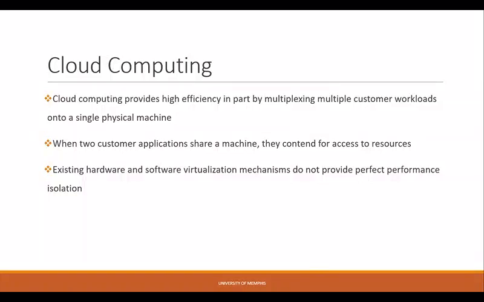But unfortunately, this comes at a cost: if two customer applications share the same machine, they might contend for the resources. This is because current virtualization hypervisors do not provide 100% isolation between the resources.